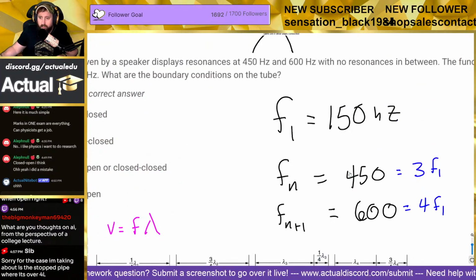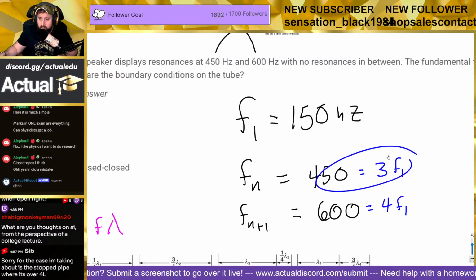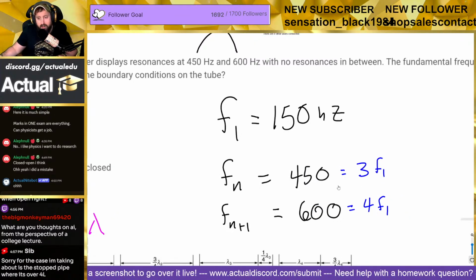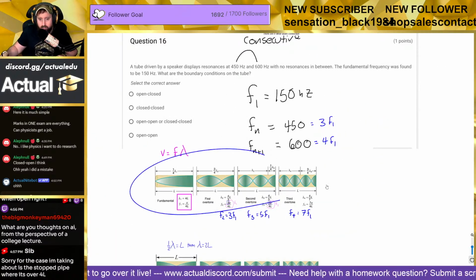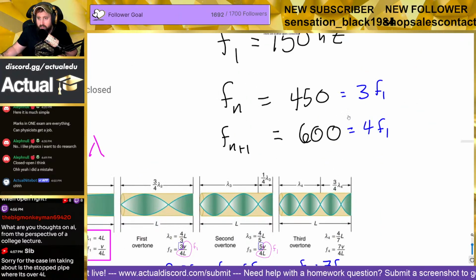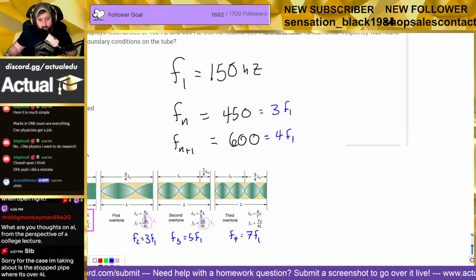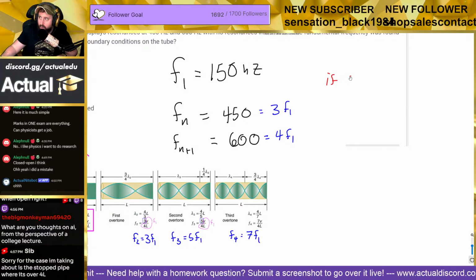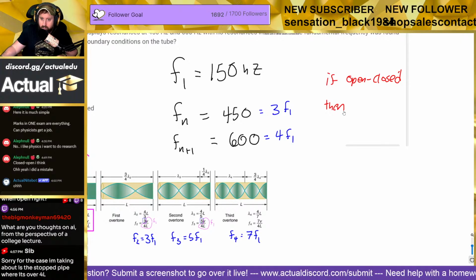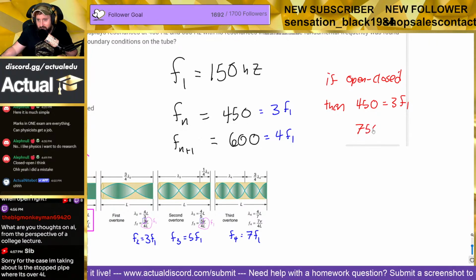So because the multiples go 3 then 4, this tells you that it can't be open closed, because open closed would have to be 3 and then 5. So here, if it was open closed, then you would have 450 is equal to 3F1, and then you would have 750, which is equal to 5F1.